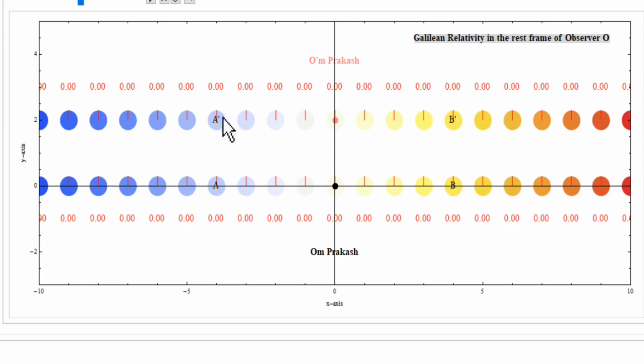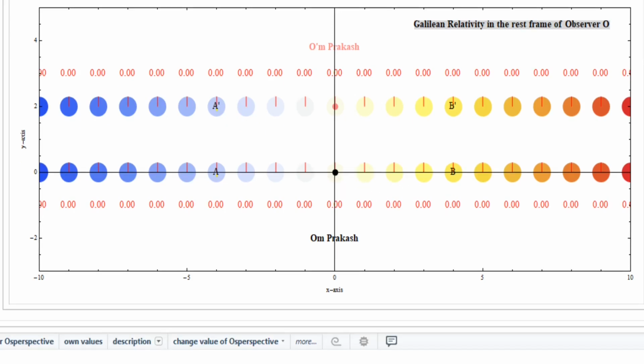And now the friends A prime and B prime will send out light signals to O prime Prakash. The friends A and B will send light signals to Om Prakash.